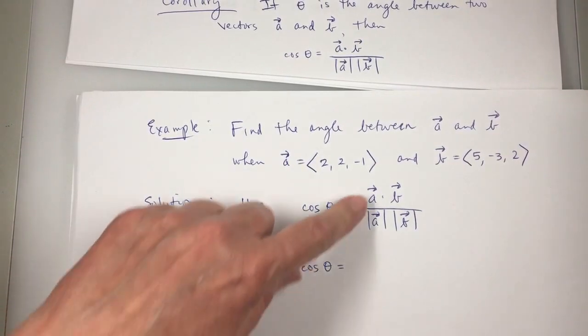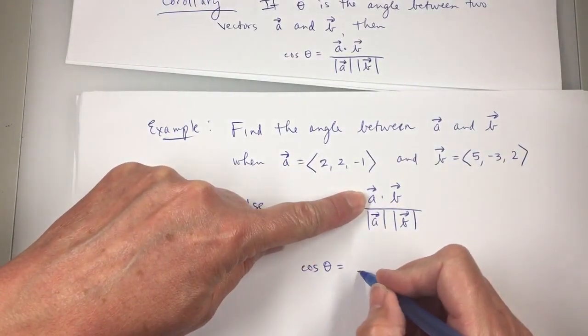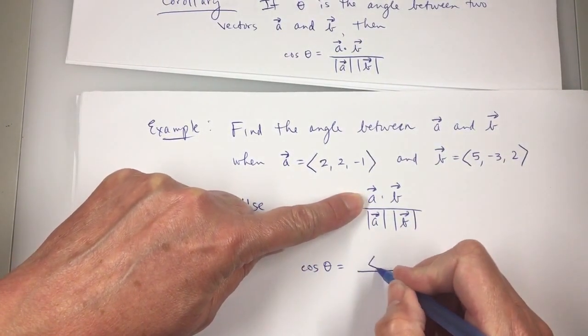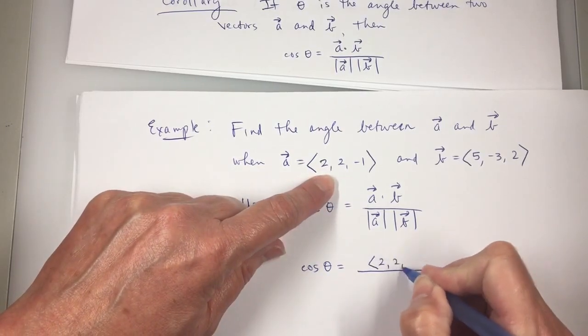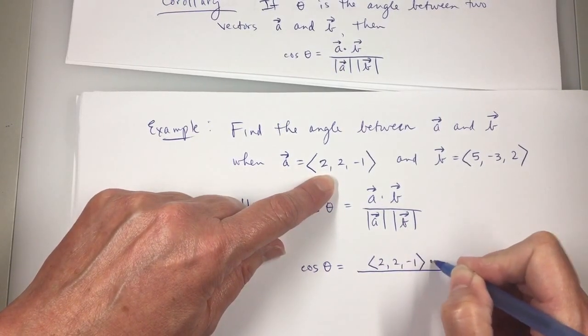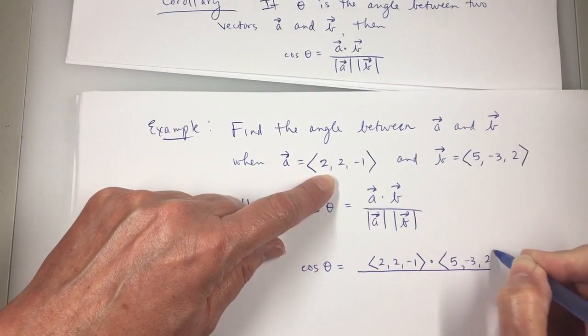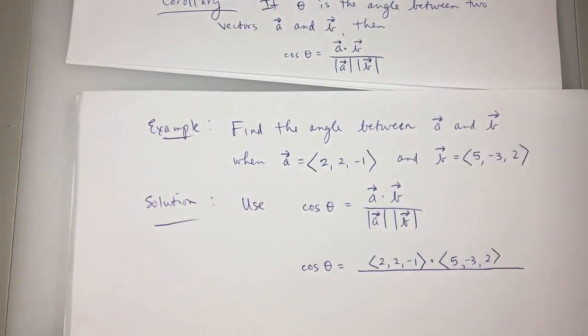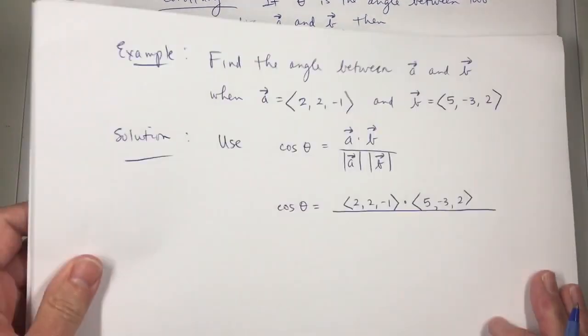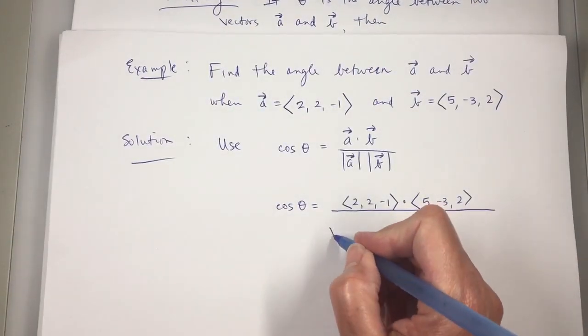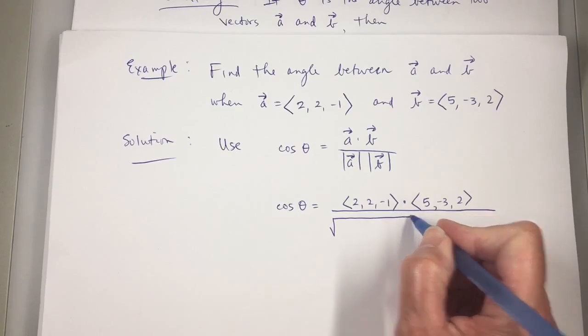Cosine theta is A dotted with B, so that would be <2, 2, -1> dotted with <5, -3, 2>. And then the denominator, now the magnitude, that's the square root.